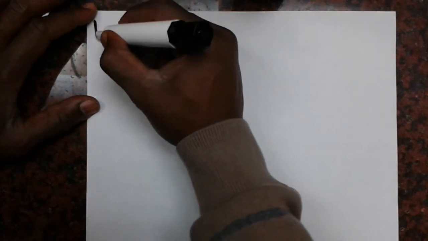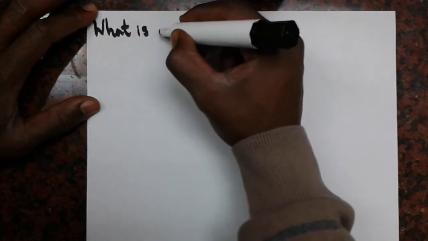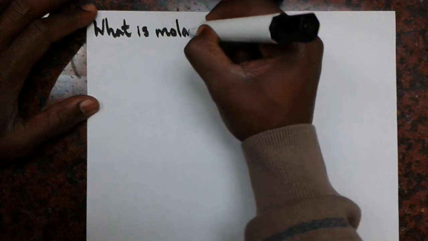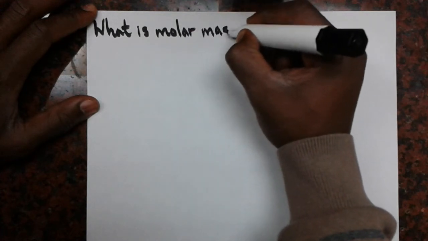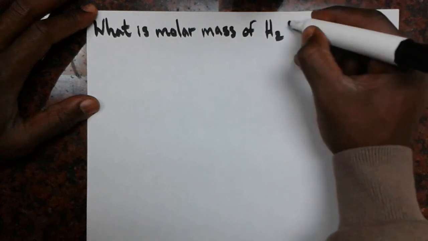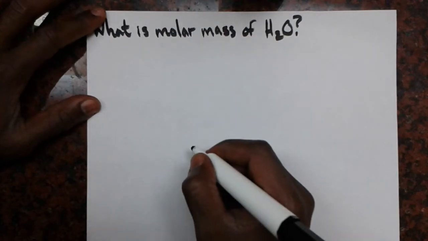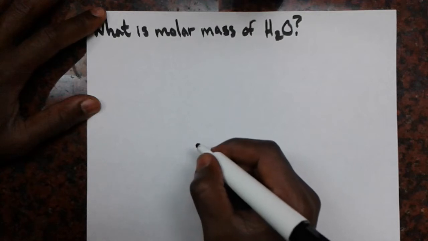In order to provide an example of how to calculate the molar mass of a substance, let's use water. Okay, so we need to first identify our basic equation so we can plug in the things which are unknown.